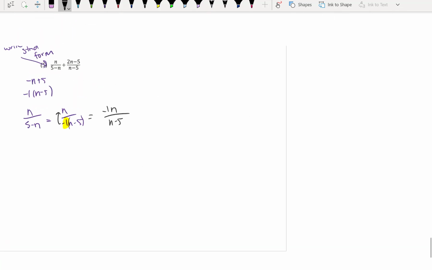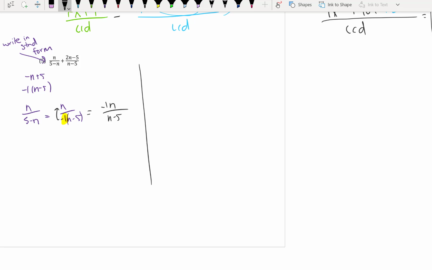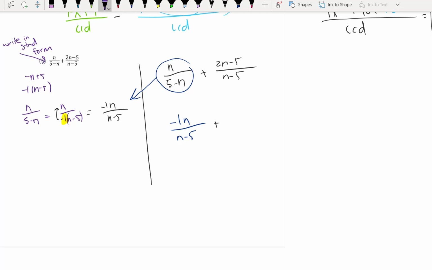So now when I rewrite this, if I have n over 5 minus n plus 2n minus 5 over n minus 5, well, we already know that this fraction can be rewritten as a negative 1n over n minus 5 plus that second fraction, which is 2n minus 5 over n minus 5.